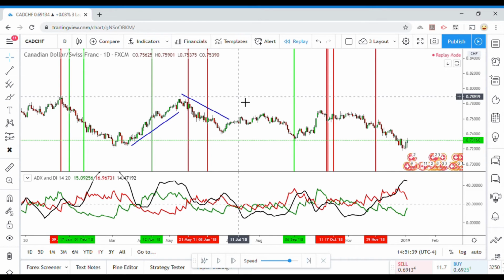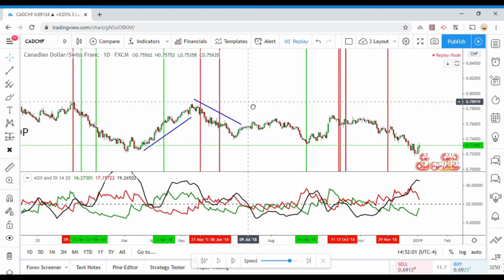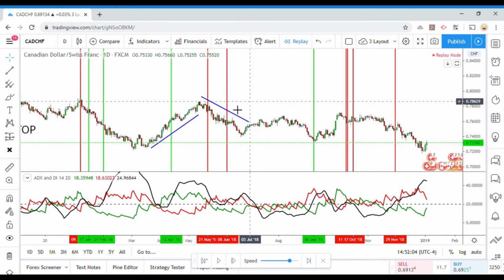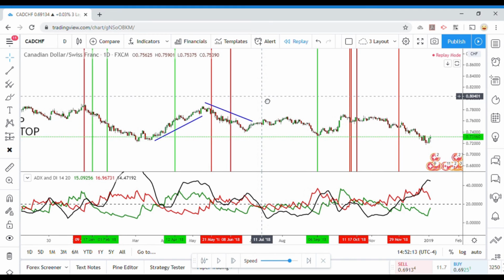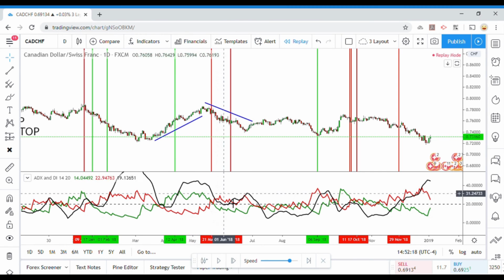But I'm sure people are going to ask, I would say realistically you need around 15 to 20 signals in a year across multiple pairs to give you enough trading opportunity to make a reasonable return on investment in one year's time. Again, that's not set in stone, but that's what I find, somewhere in that area.